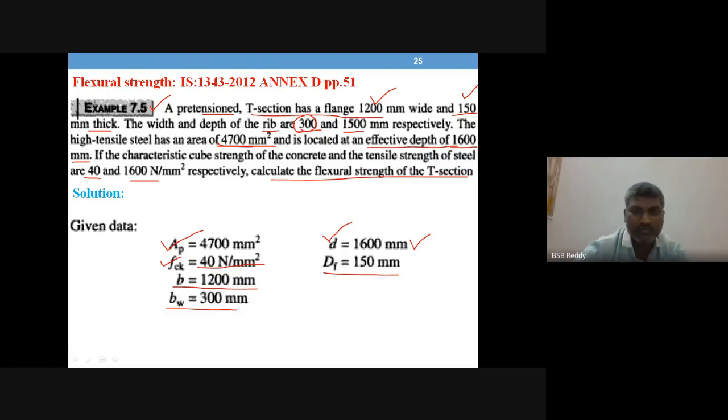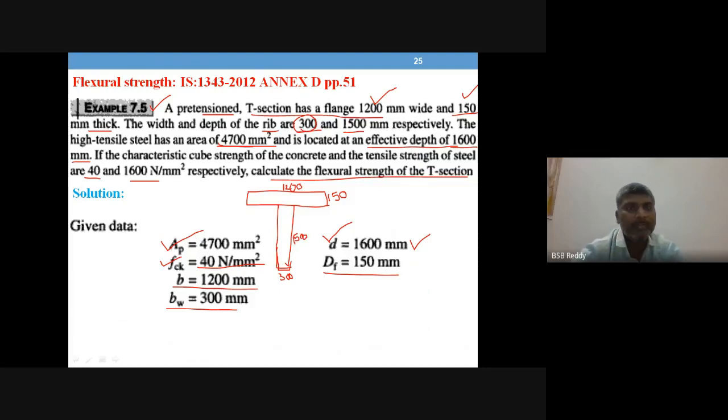If you try to draw the section, this is 1200 and 150 thick, with 300 width and 1500 depth. This is 300, not to scale, 1500.